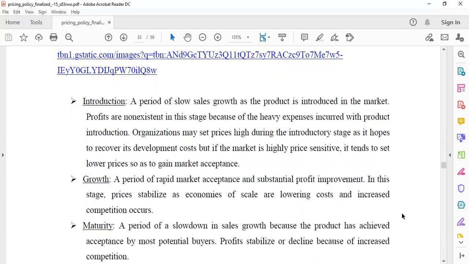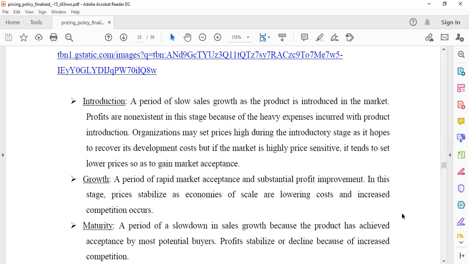It's also expected that competitors are coming into the market. So prices begin to stabilize as economies of scale are lowering costs and given the increasing competition. Prices stabilize because if you keep on maintaining a high price, you'll be kicked out of the market by competitors.